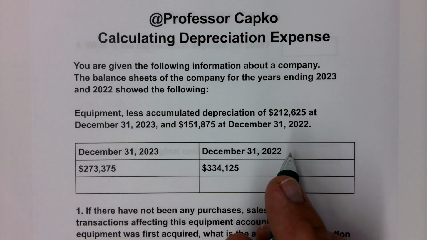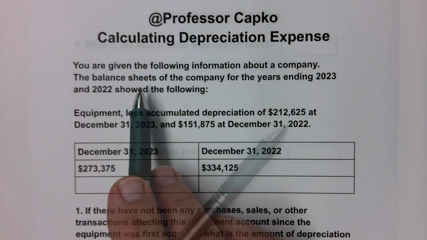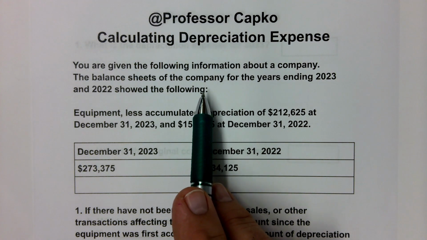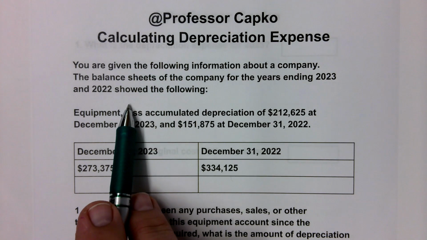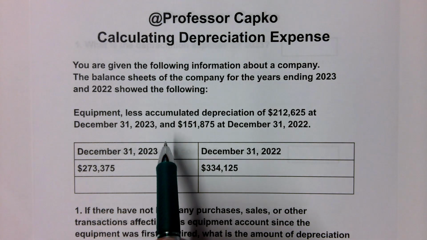Let's take a look at what this particular problem is asking. You were given the following information about a company. The balance sheets for the company for the years ending 2023 and 2022 are showing the following.